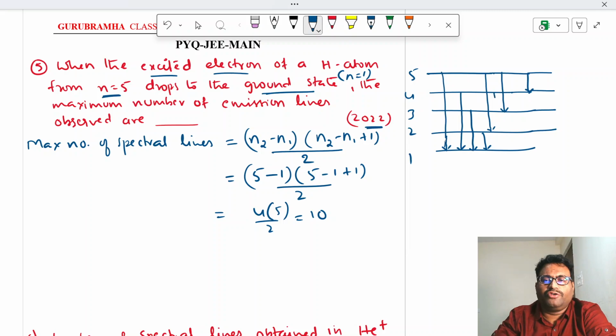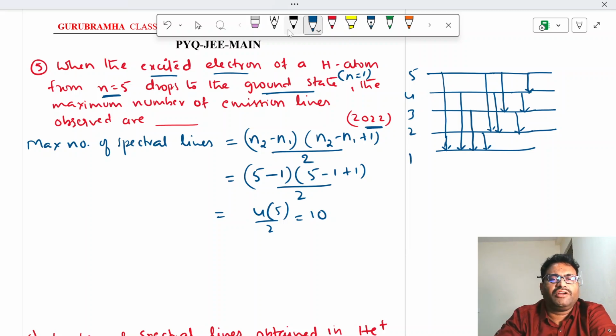Next 4 to 2 and 3 to 2 is also there. And 4 to 3 is also there. So these are all possible de-excitations.